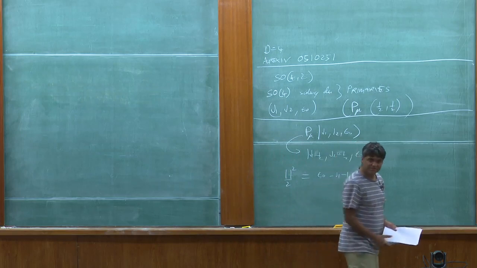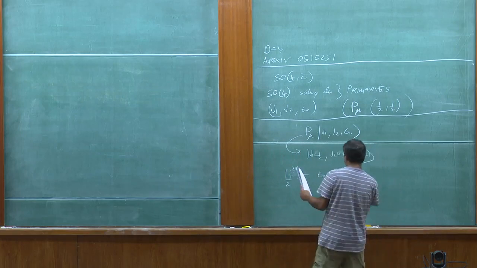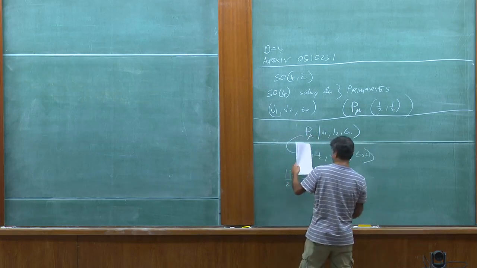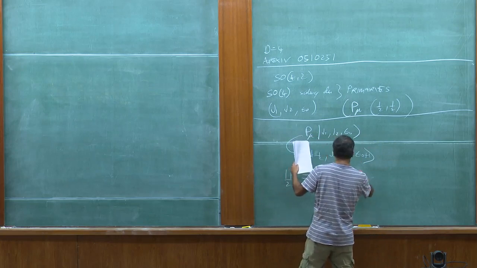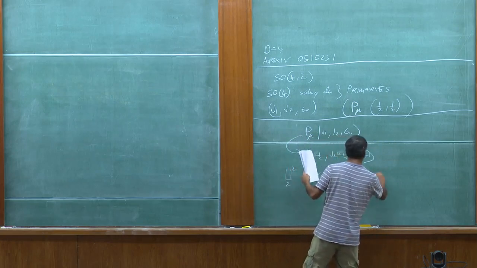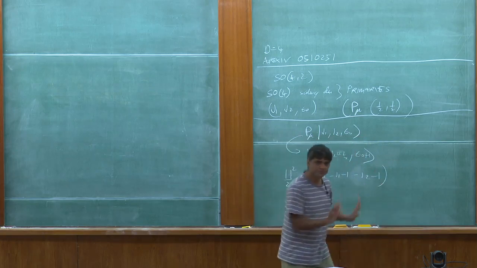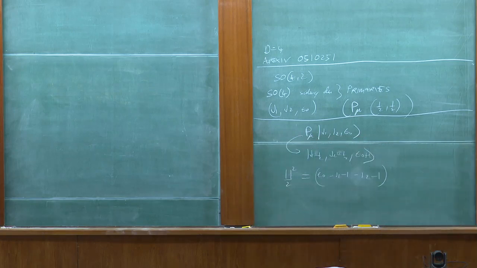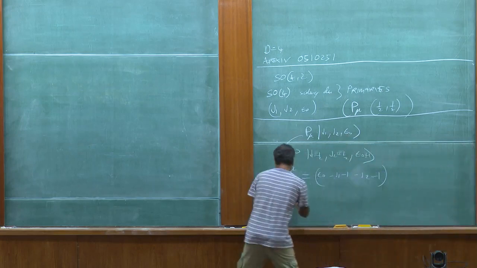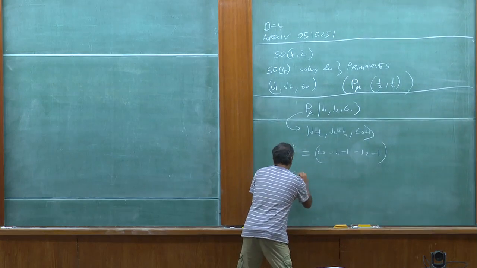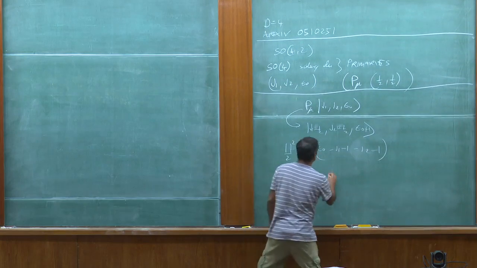Then when you compute the norm of the state, you get epsilon naught minus J1 minus 1 minus something. This tells you that epsilon naught has to be greater than or equal to a bound.